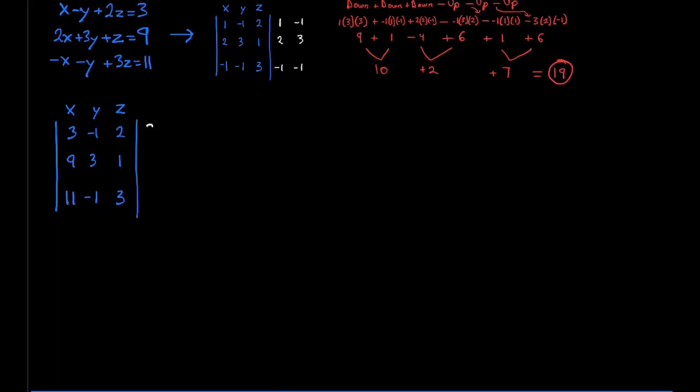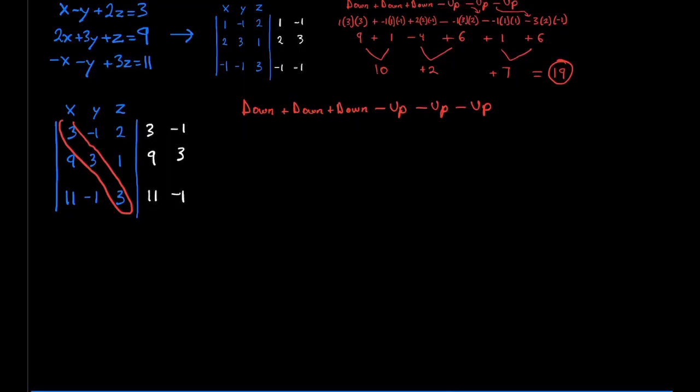You still duplicate the first two columns, and you set this up for the looping method. So you're basically doing the same thing again. You start at the top here with the 3. These are the first part, where you have 3 times 3 times 3. And then you do the next part.